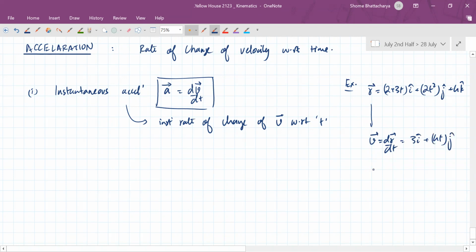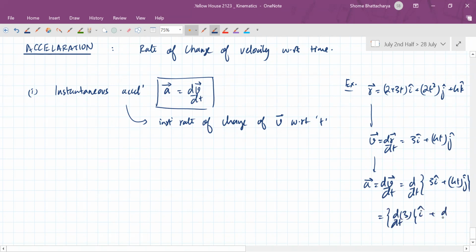So now the instantaneous acceleration will come by differentiating this. We'll take the differentiation operator and apply it to this vector. When you take it inside, you see the first term is a constant, so it has no x component of acceleration.